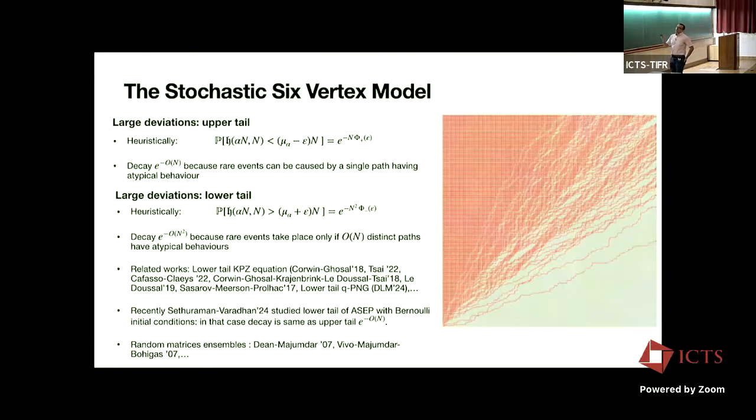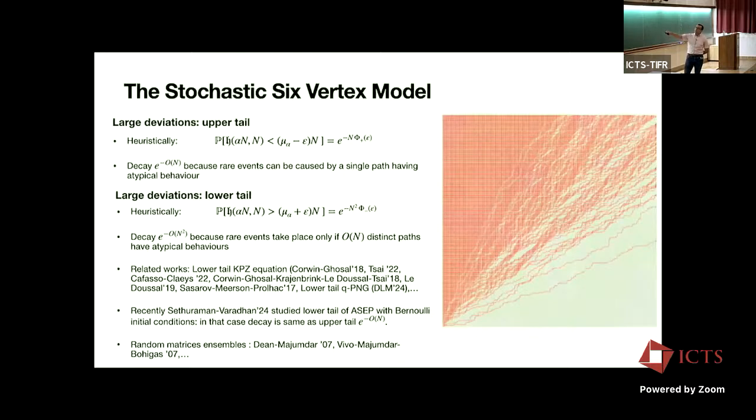The situation is different when it comes to the complementary regime, what is called the lower tail, the probability that the height function grows much more than average. In this situation, the decay of this probability is much faster. It decays as e to the minus n squared. And why is that?